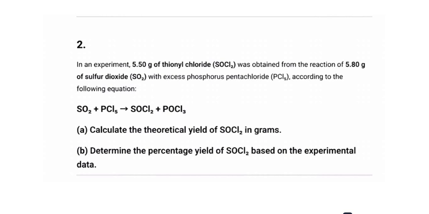Okay, now let us look at question 2 on the percentage yield questions. In an experiment, 5.5 grams of thionyl chloride was obtained from the reaction of 5.8 grams of sulfur dioxide with excess phosphorus pentachloride.